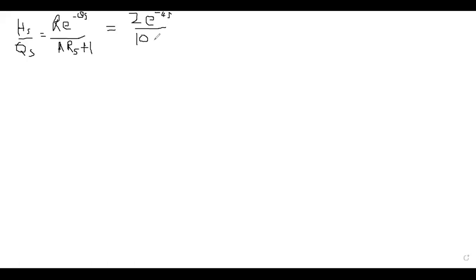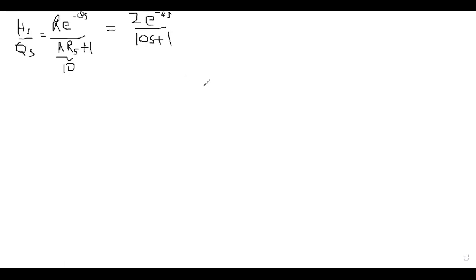So the resistance we'll get as 1. I couldn't give the resistance, right? So resistance will give it as 1. So altogether we can consider this as 10, right? Altogether it's 10s plus 1. Right, so we can get this equation. Now we have this system.